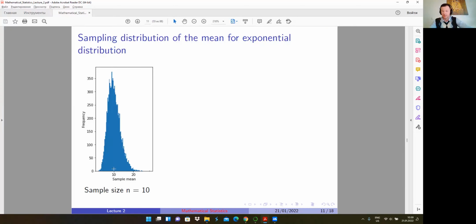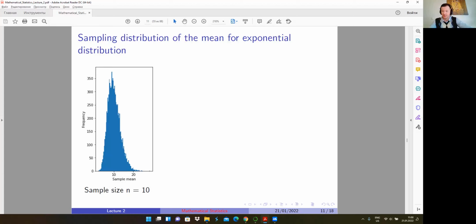So let's see what happens with the distribution of a sample mean once we draw random samples from the exponential distribution. Look, here it looks skewed. Who remembers whether it's right skewed or left skewed?